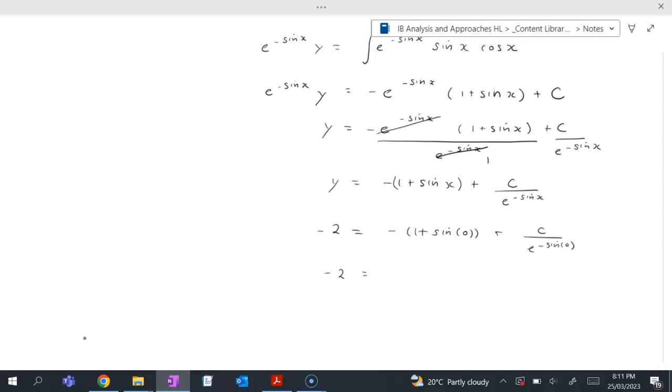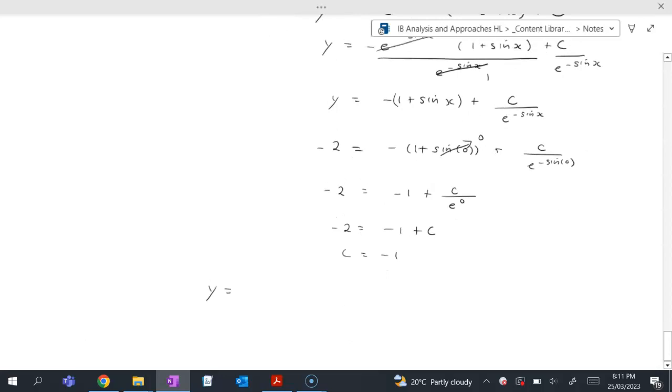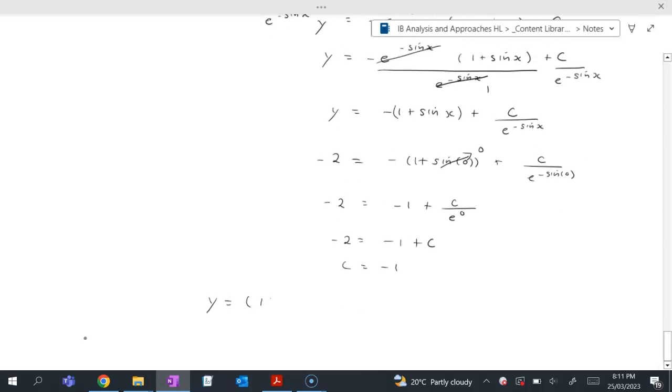So minus 2 is equal to, sine of 0 is just 0, so that will be minus 1 plus c on e to the power of 0, which is 1, so minus 2 will be equal to minus 1 plus c, so c will be equal to minus 1. So putting all of that together, y is equal to minus 1 plus sine x, take 1 on e to the minus sine x.